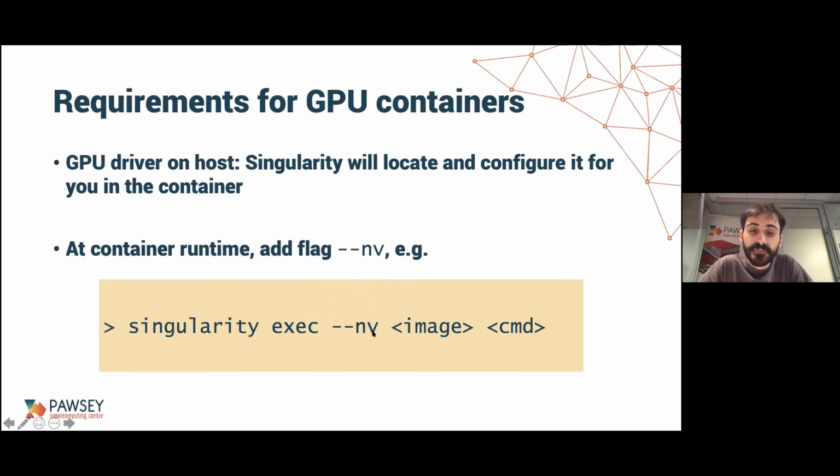You add that, and Singularity will do the rest. It will locate the drivers in the host machine and use the NVIDIA GPUs to run the application. If you have AMD GPUs, there is a dedicated flag, I believe it's --rocm. But the message is, you just set this flag and the job is done.